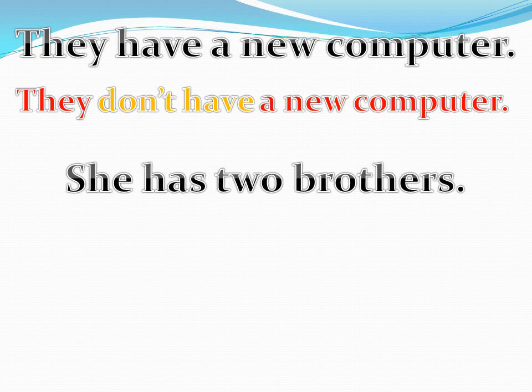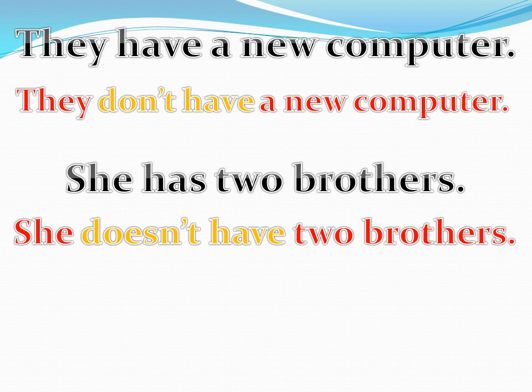But what if I said she has two brothers? What is the negative of it? The negative is she doesn't have. Why did we say doesn't have? We called the big sister of has, which is have, because we can't delete the S. It will be only ha.